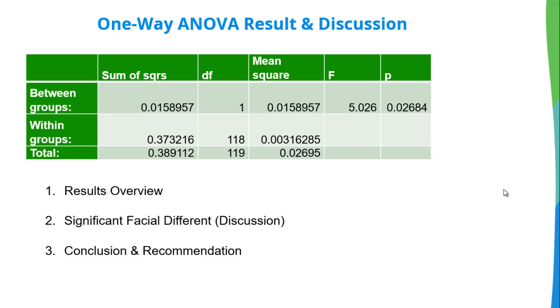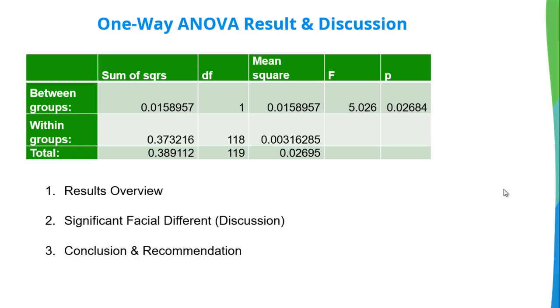Clinicians could utilize the identified facial features to aid in the differential diagnosis of these syndromes, potentially leading to more accurate and early diagnosis. Furthermore, researchers could build on these findings to explore the genetic and developmental differences underlying these distinct facial characteristics.